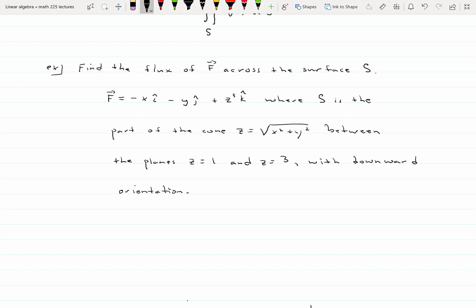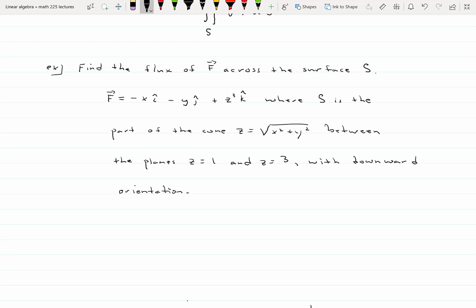Okay, so here's our last example. Let's get through it. I want to find the flux of the vector field F. Now, the vector field F could represent velocity or a number of other physical interpretations of a field.